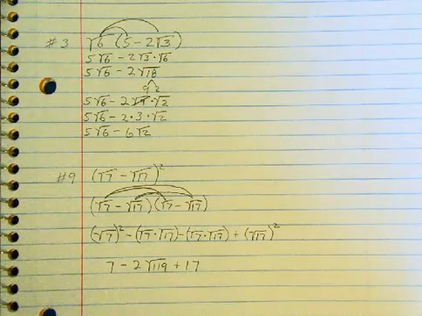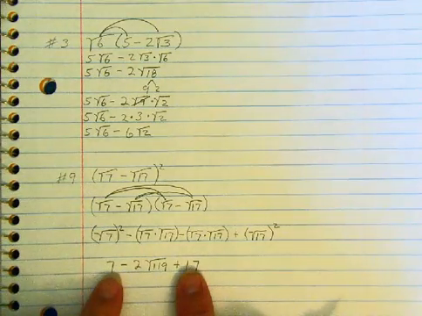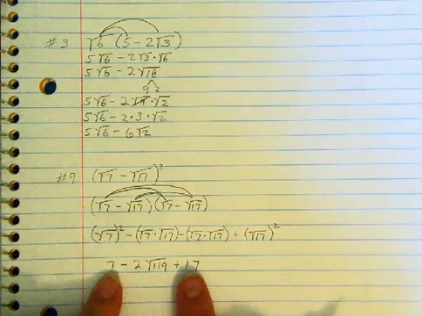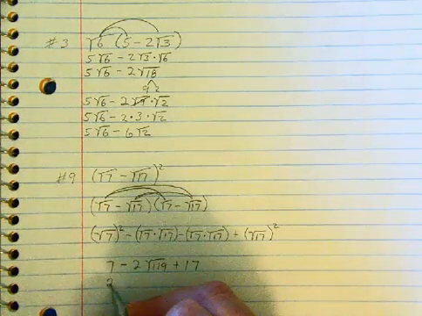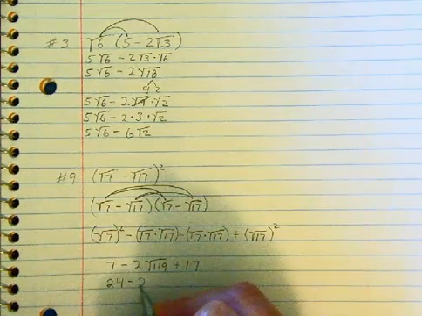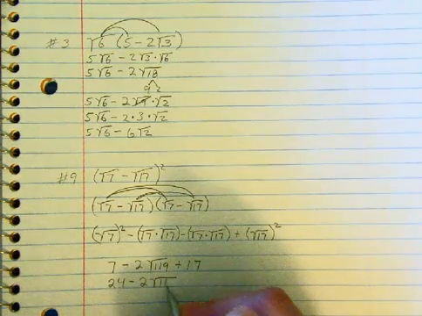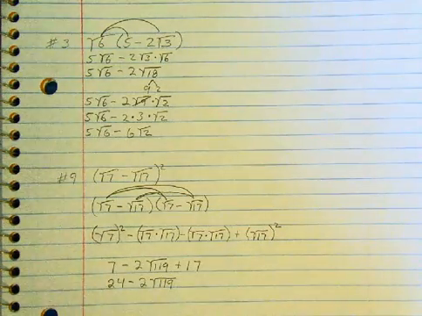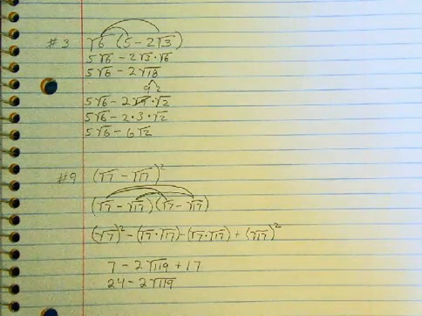All right, so then from there, I can combine the 7 and the 17. So 7 and 17 would be 24 minus 2 square root of 119. And then that's going to be as far as we can simplify that one.